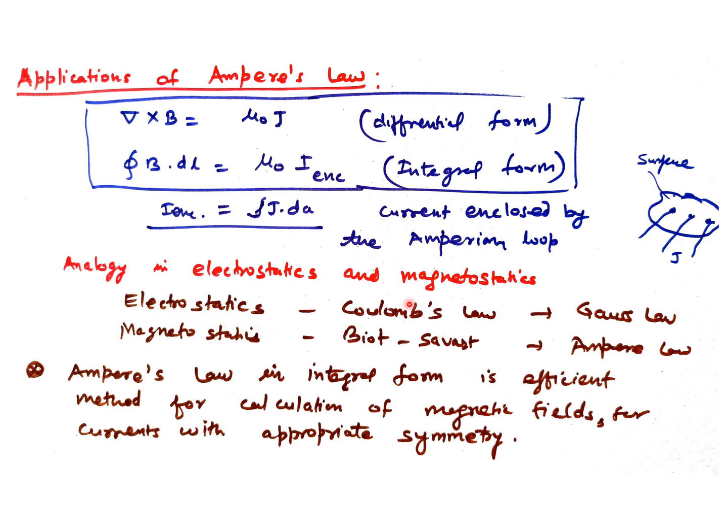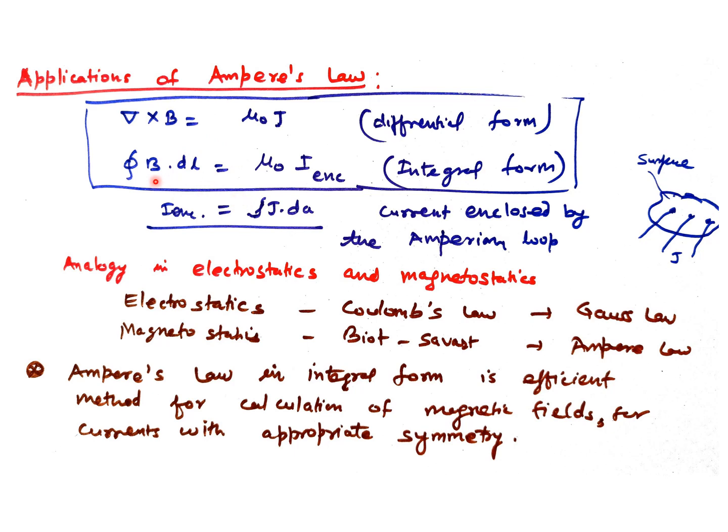We found the electric field using Gauss's law in electrostatics; with Coulomb's law it was difficult, but using Gauss's law it was very simple. Similarly, the magnetic field can be found by the Biot-Savart law, which is a long method, but using Ampere's law we can find the magnetic field easily, with a simple method.